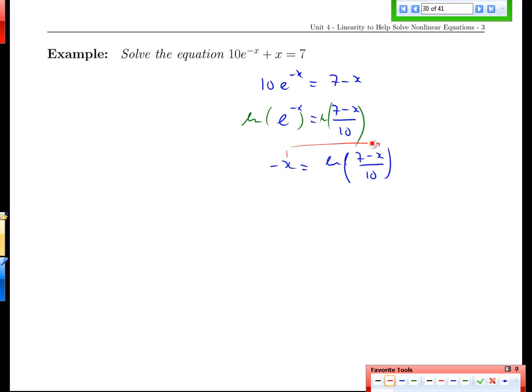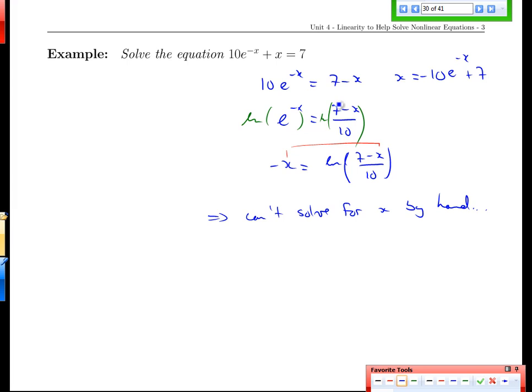And, well, kind of like here, we could have written, I guess, x equals 10e to the minus x, that would be negative plus 7. Saying x is equal to that doesn't help because we don't have it in terms of numbers only. We have it still in terms of x. In fact, if you look at this, the fact that there's an x in the exponential and one in the main line here means we can't solve for x by hand.